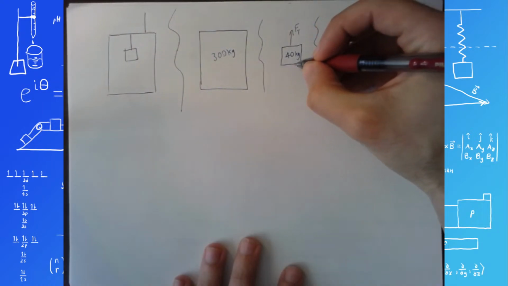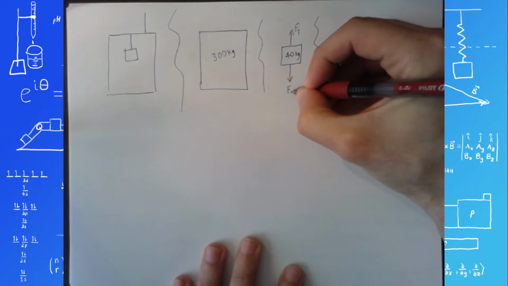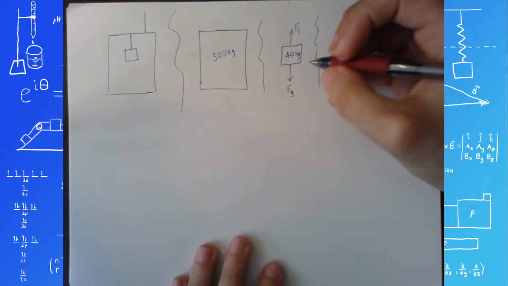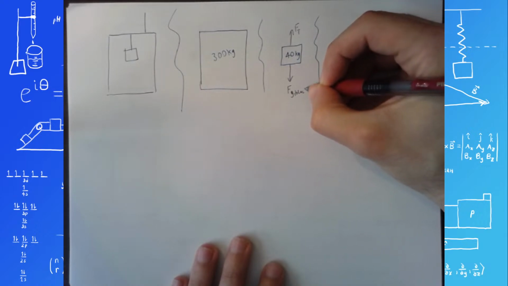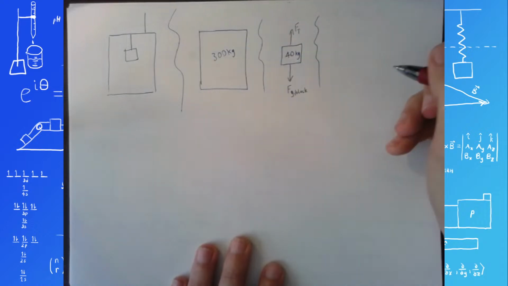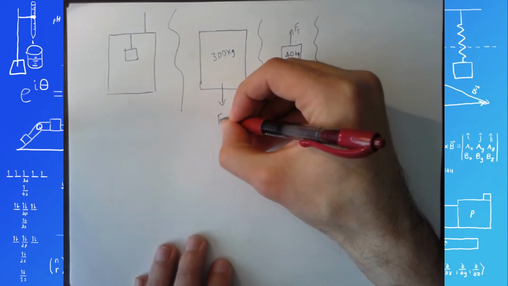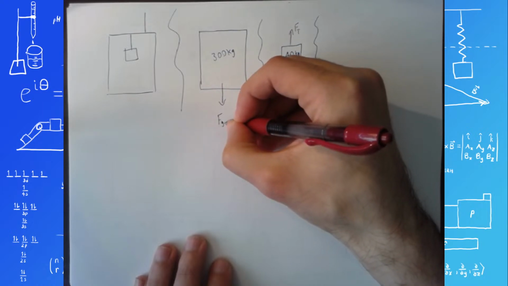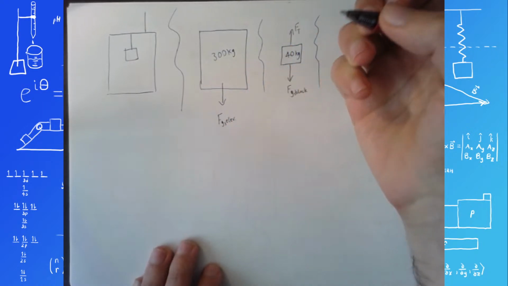Downward, there's, of course, a force of gravity acting on the block. We can call it force of gravity block to distinguish it from the force of gravity that will be on the elevator itself. So we move on to the diagram of the elevator, force of gravity, I'll just say elev for short.